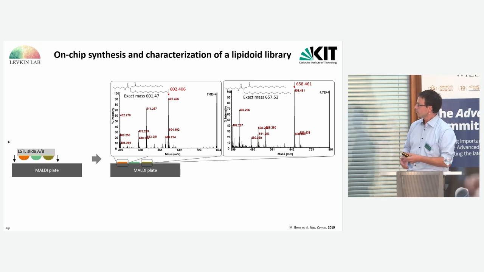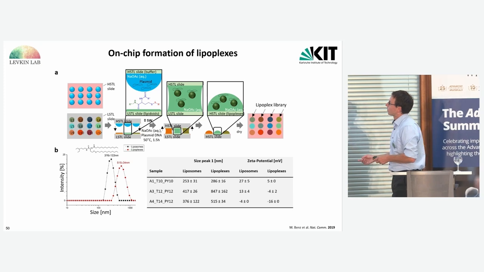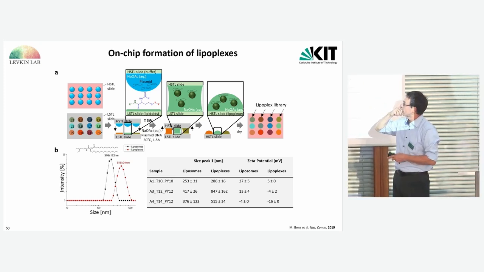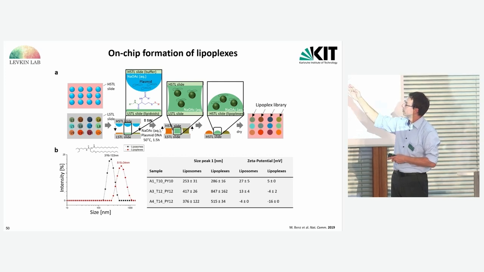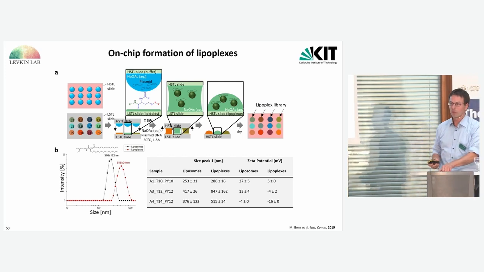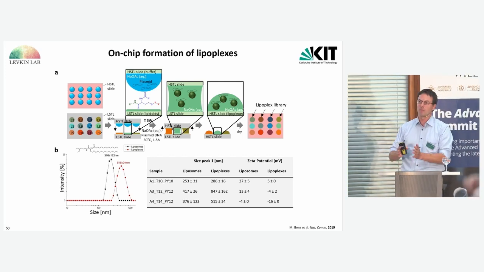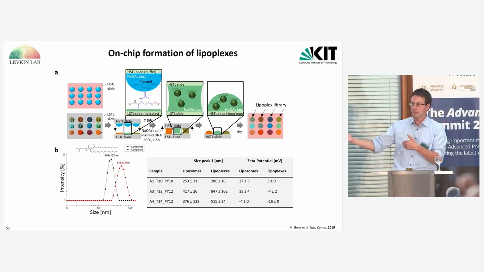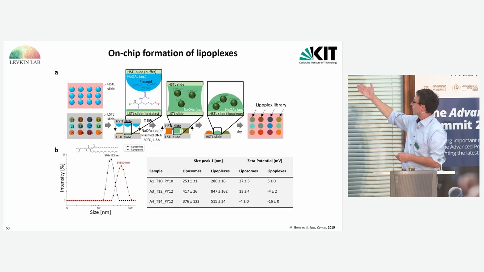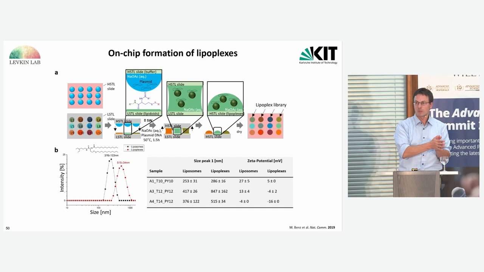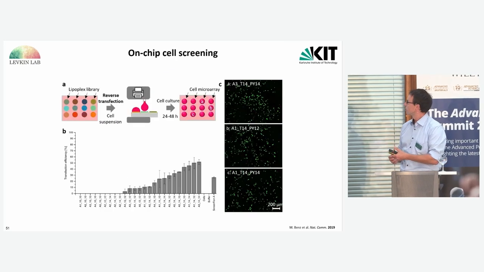slide. In the next step, we took this library of lipids and sandwiched it with another slide containing aqueous buffers with plasmid DNA to form lipoplexes or lipid nanoparticles, so lipid nanoparticles complexed with nucleic acids. And at the end, we basically got a library of LNPs formed from different types of lipids on this array.